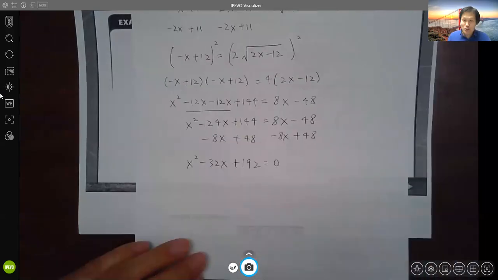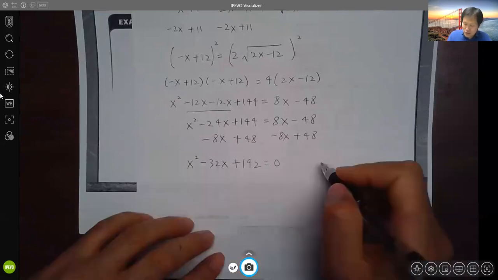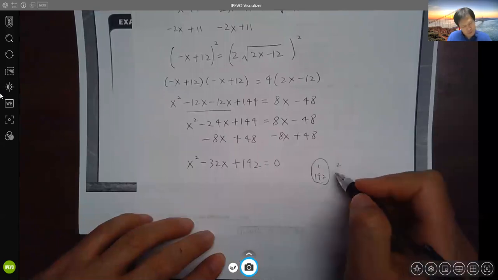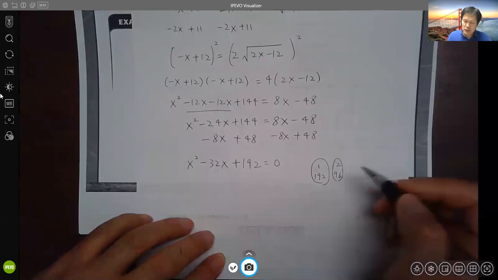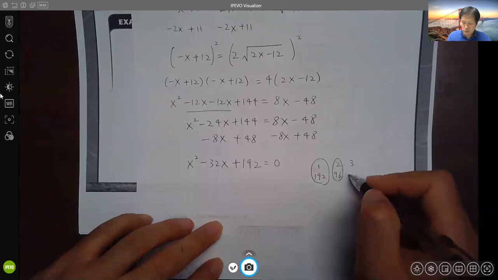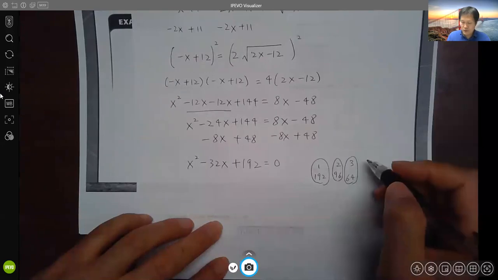So 192 has a lot of factors. This is 1 times 192. 2 times what? 96. 3. Does 3 work? 4. 4 works.